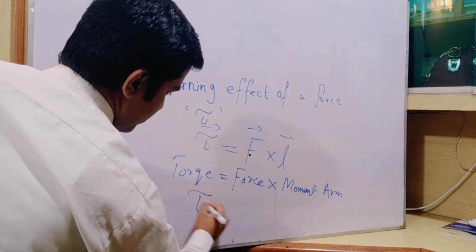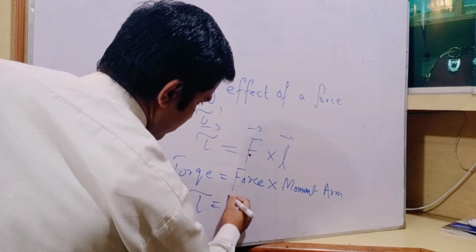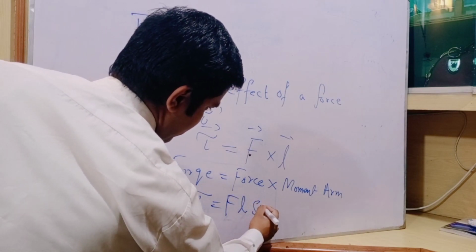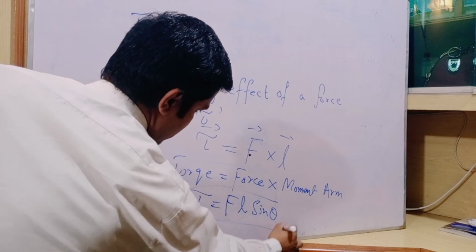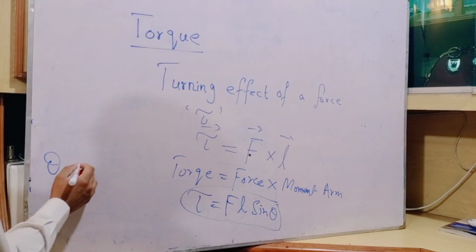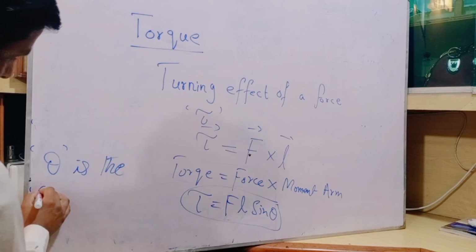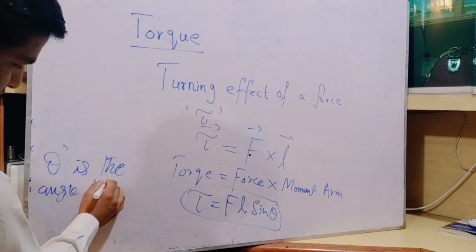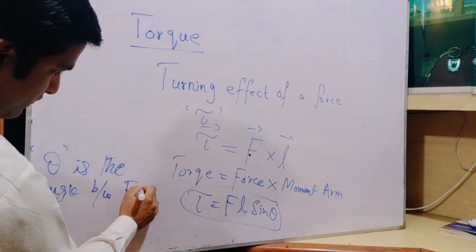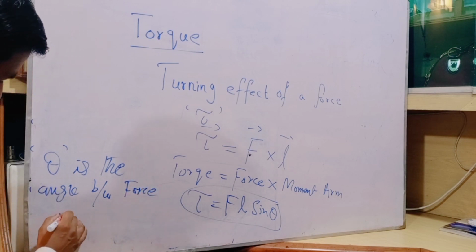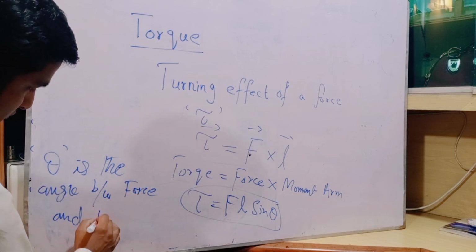You can write it like this: torque is equal to F L sine theta. This theta is the angle between force and moment arm.